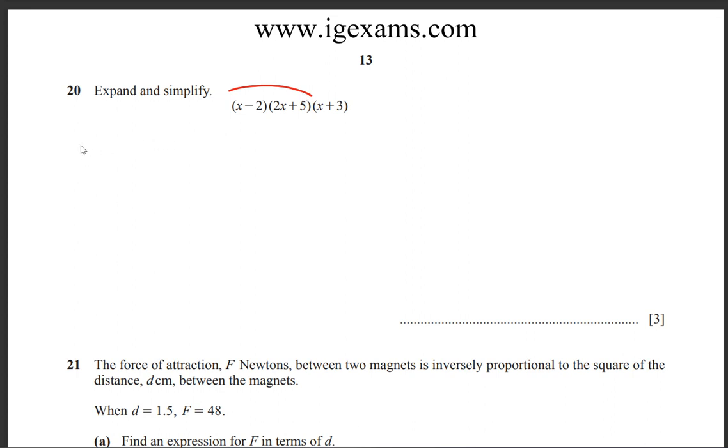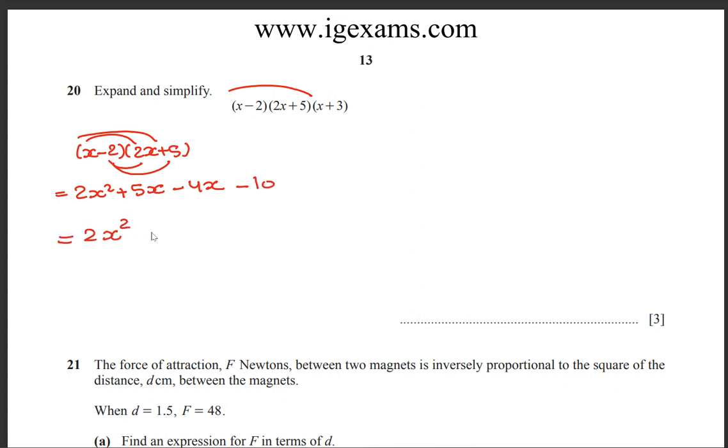This will be (x minus 2) multiplied by (2x plus 5). So it will be 2x squared plus 5x, then negative 4x, negative 10, and simplify completely. 5x minus 4x, positive x minus 10.